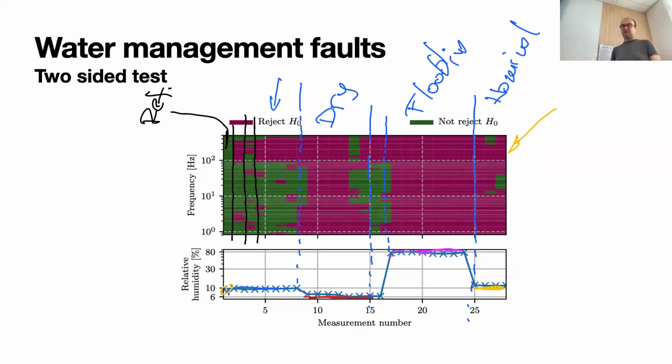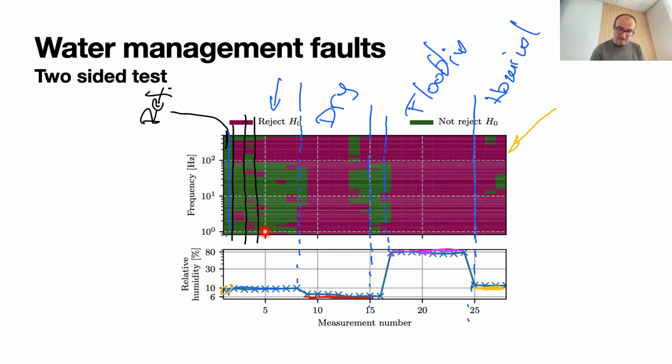What we can see on this figure is the following. When we started, everything was okay. This column is completely green. But then, as we immediately went over, our test said that there are some changes in the frequencies above 100 Hertz. And this was consistent constantly.